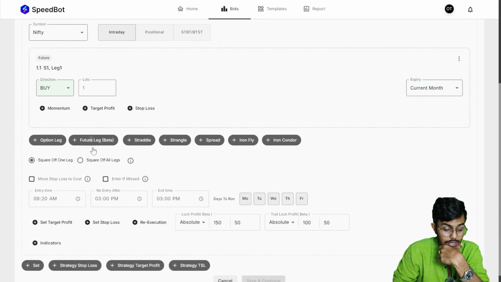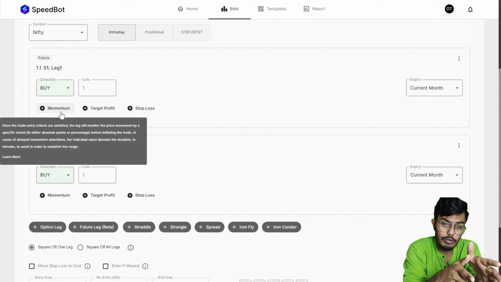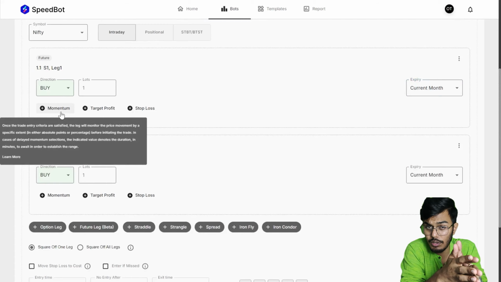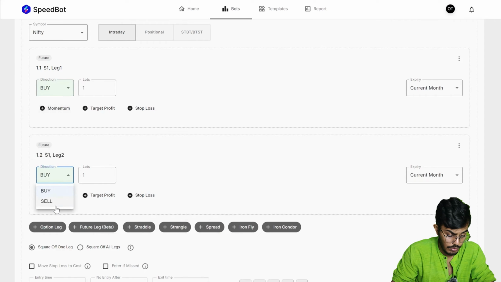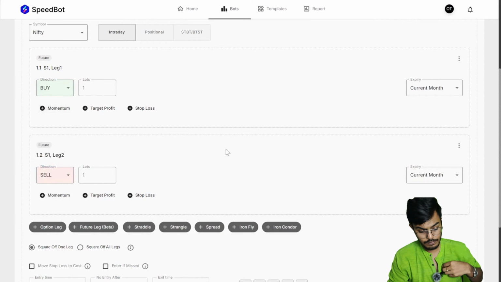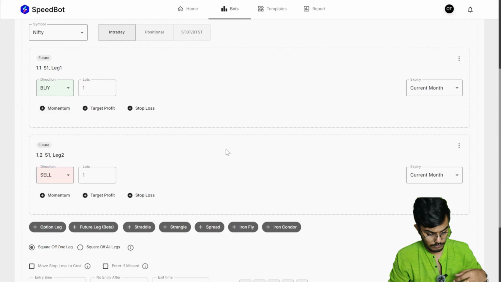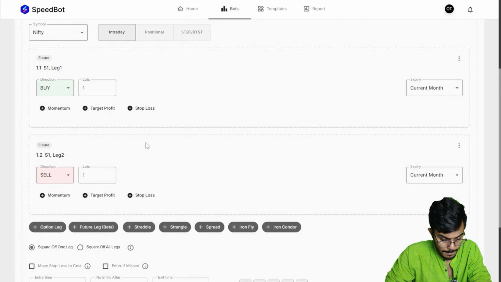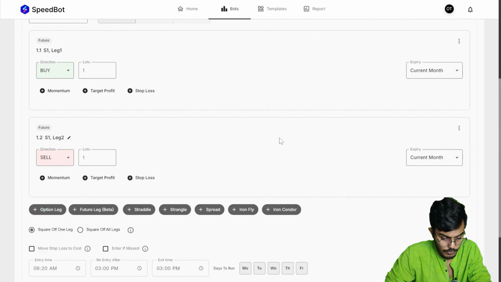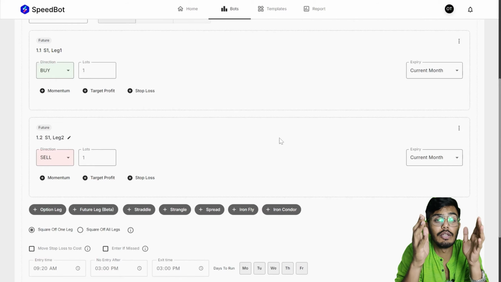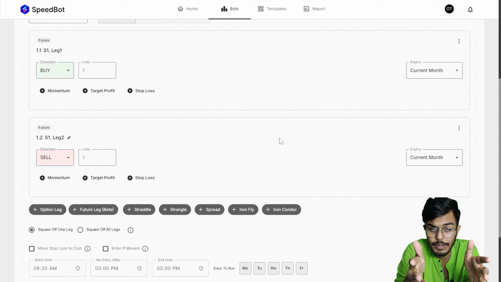Likewise, you can have long positions created in your algo, or short positions. For short positions, you need to click on the sell button like this. Then you'll be able to create your algo in the futures segment.